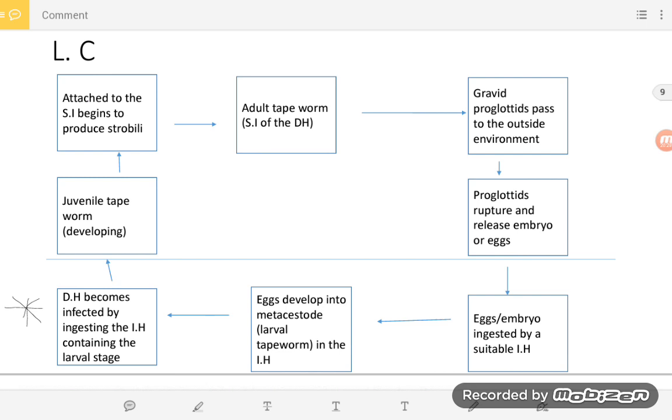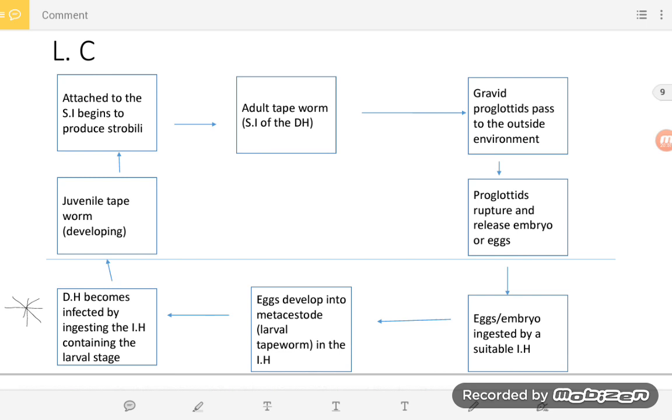So these gravid proglottids pass to the outside environment. When fully matured, sometimes these gravid proglottids detach from the segments, the strobili. So this is passed with the stool to the outside environment.